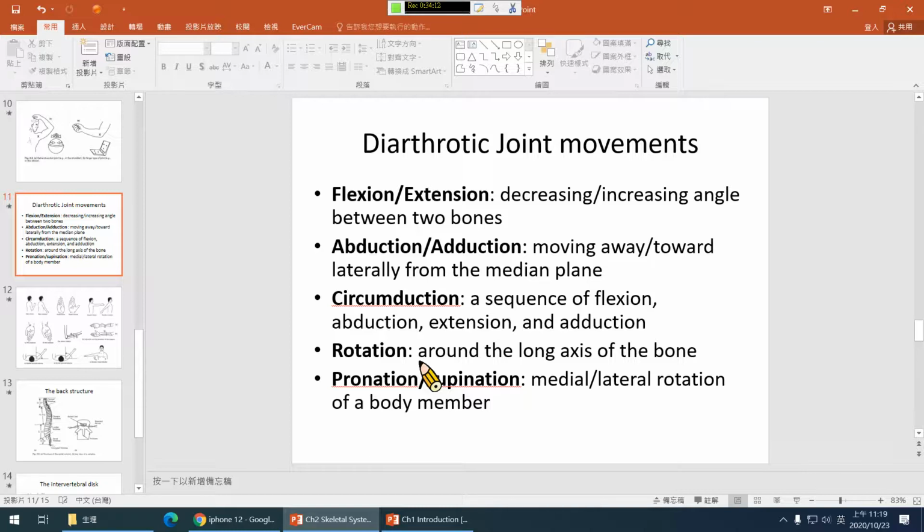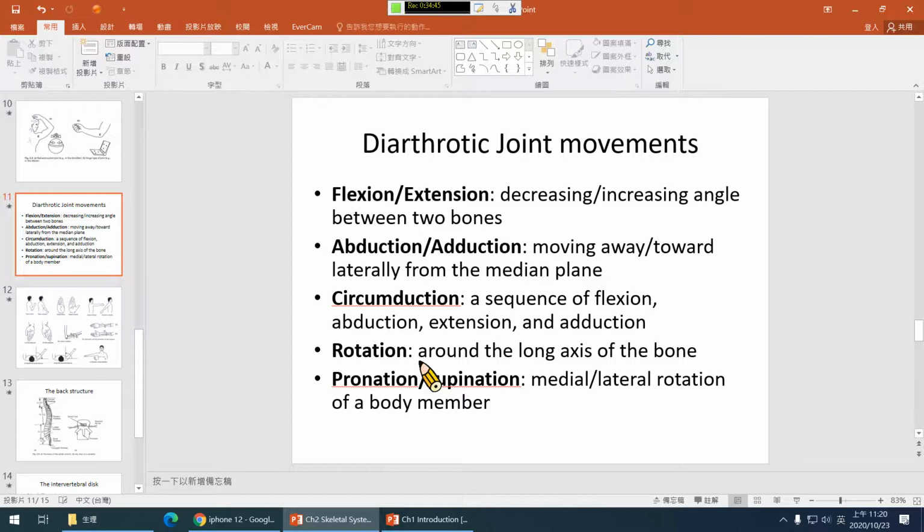Okay, now, what's this? You come back to here. So it's extension. And then like that. So the four in a sequence, it goes like that. It becomes circumduction, okay?